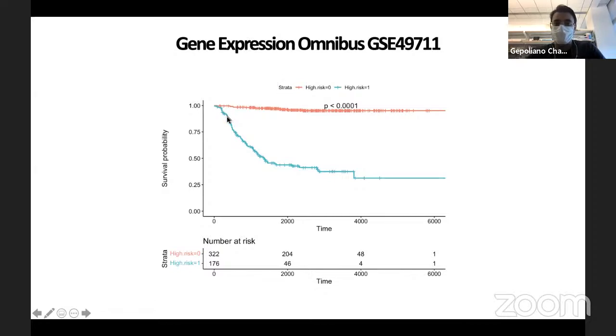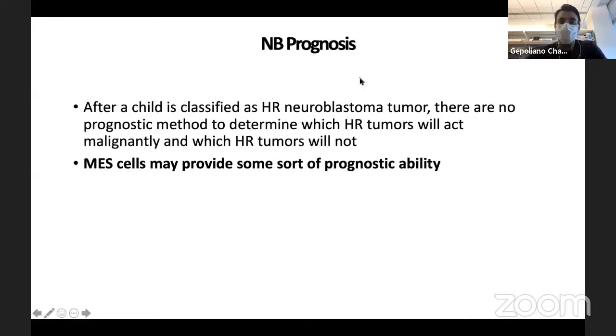As you can see in this survival curve, the group of kids that are classified as high risk have a significantly lower probability of survival compared to the group of kids that are classified as non-high risk. But once you classify the tumor of a child as a high-risk tumor, there's basically no way that you can use to predict the prognosis of that tumor.